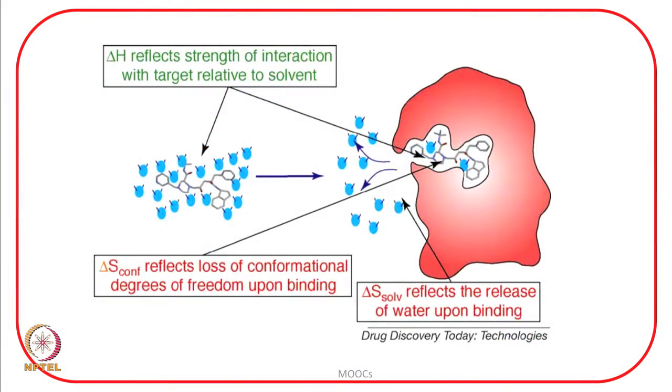Let us take a look at the next slide. This is what I was talking about. A molecule in solution will have water surrounding it. Before this molecule goes and binds to the macromolecule, let us say this is the binding cavity, these water molecules will have to be removed, and also the water molecules which were earlier occupying the binding site have to be removed.